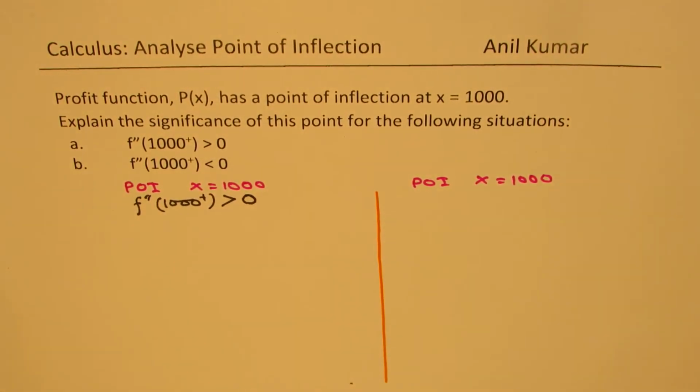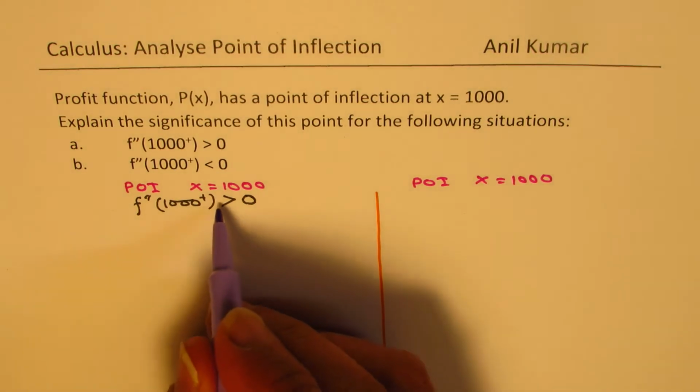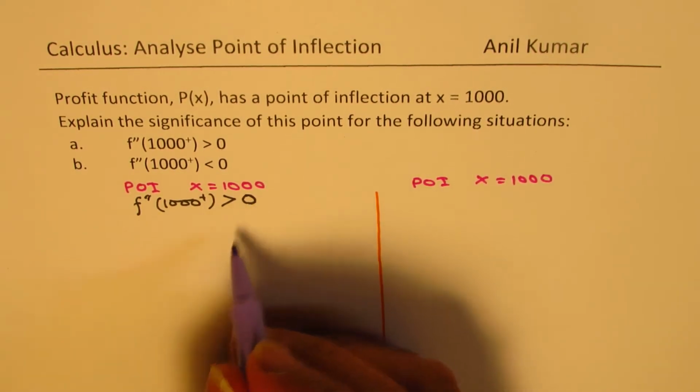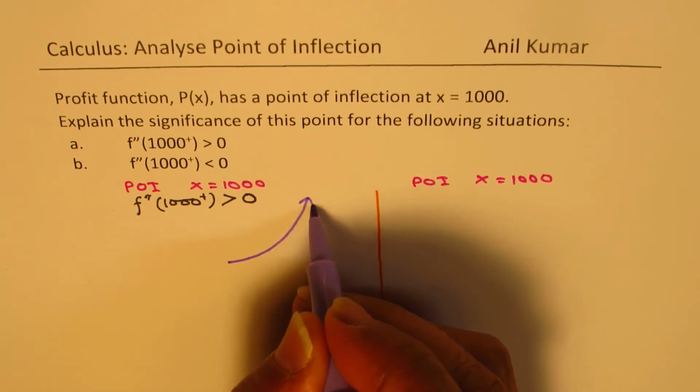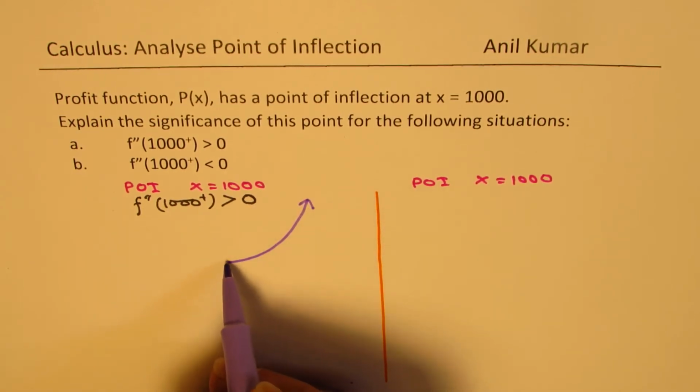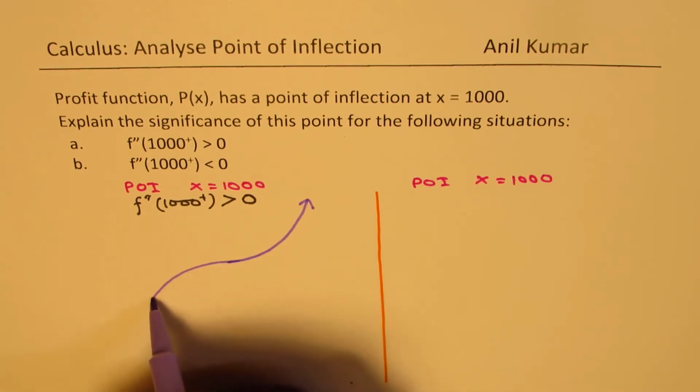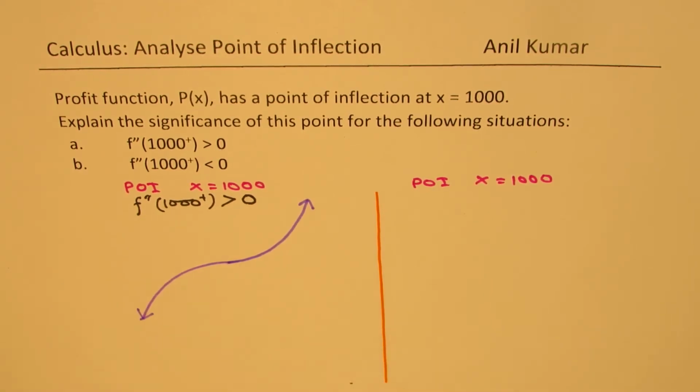It means what? It means that on the right side, a positive second derivative means the curve should be kind of like this. Now, since this is a point of inflection, on the left side, the curve should be like this. Clear? So that is the scenario.